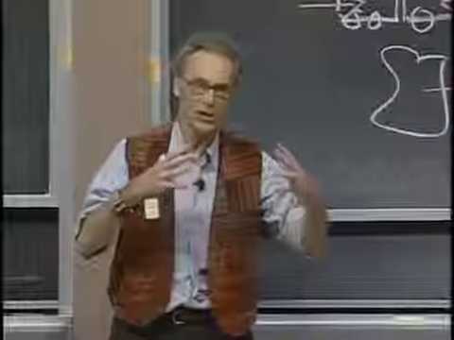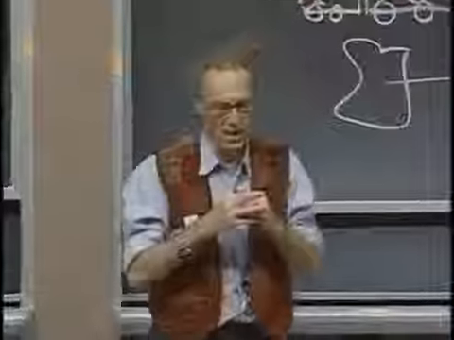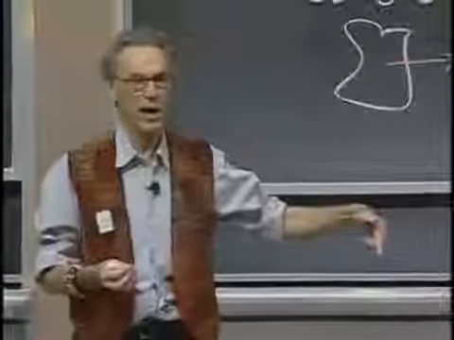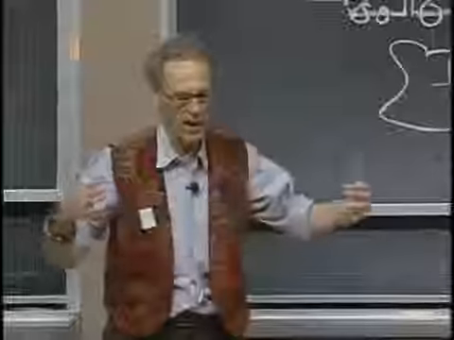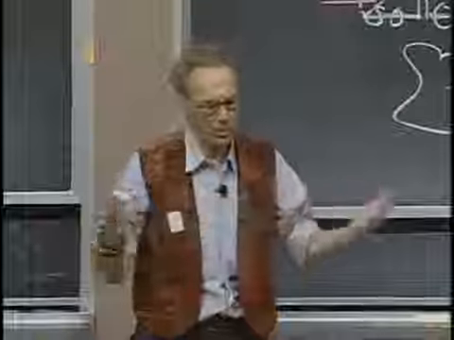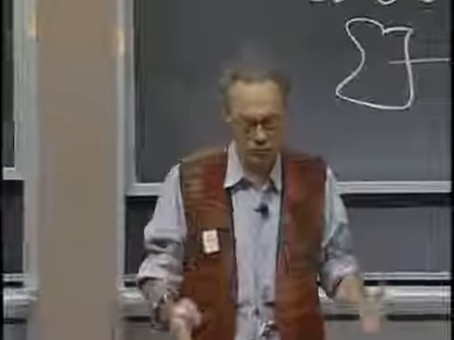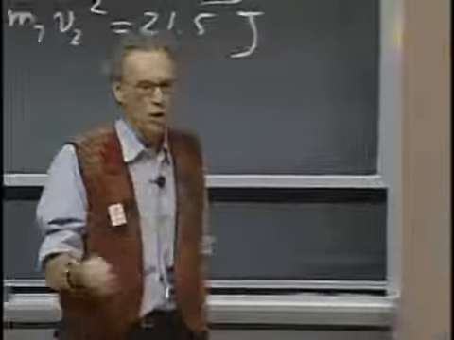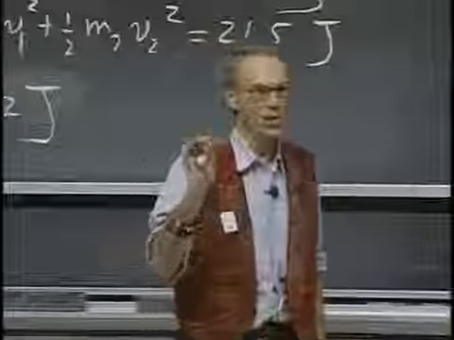Now in all these cases, the objects stuck together. We've only considered cases where they stick together, in which case we call those in physics completely inelastic collisions. Next lecture I will also deal with situations whereby during the collision the particles bounce off each other. In completely inelastic collisions, you always lose kinetic energy.